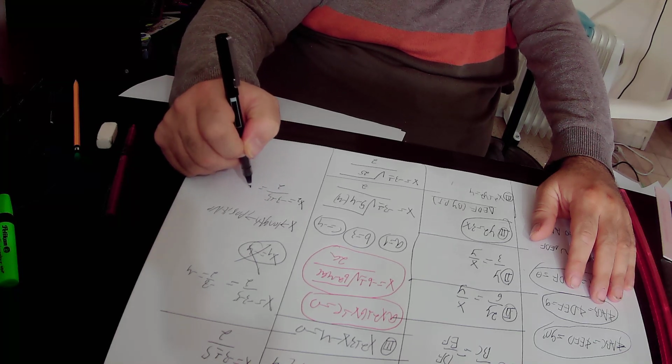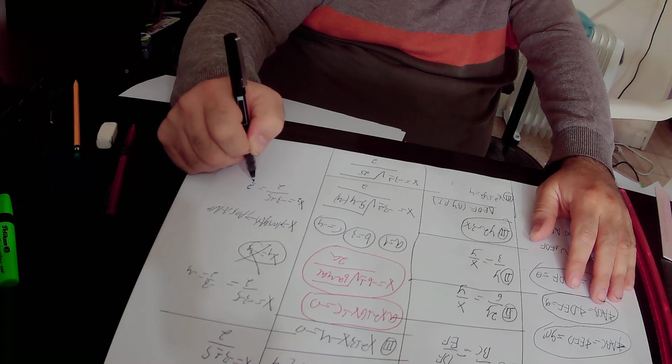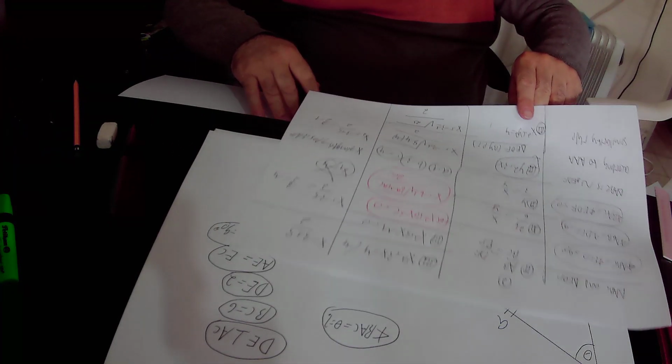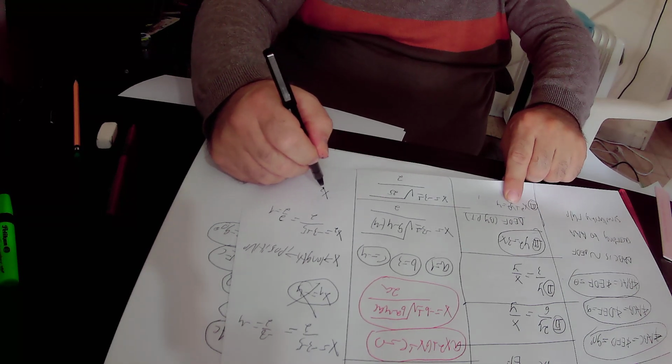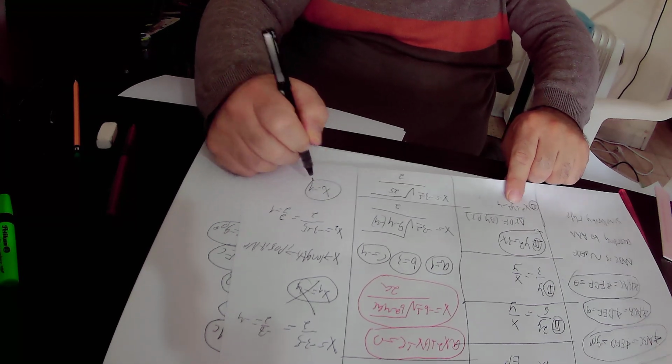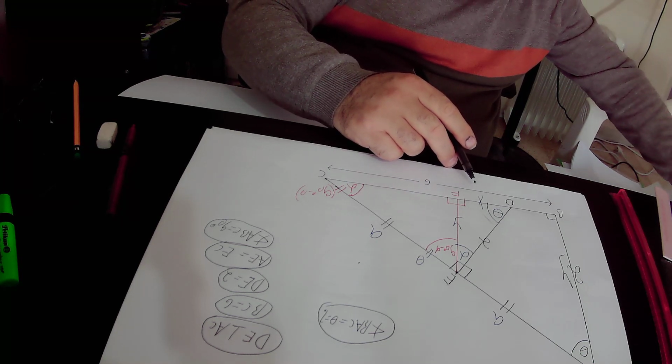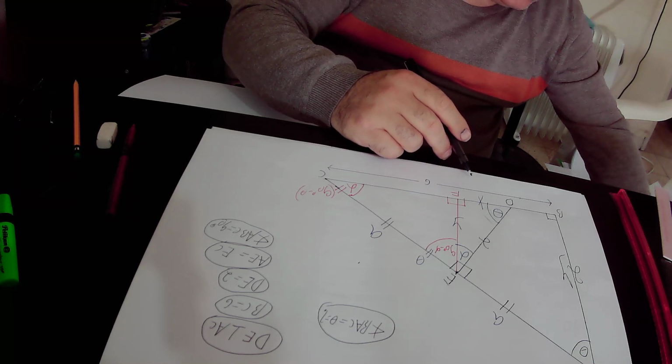Minus 3 plus 5 is 2, and 2 over 2 is 1. So we actually found that x2 equals 1. So I will copy the right triangle DEF, and we will find the cosine theta of the right triangle DEF.